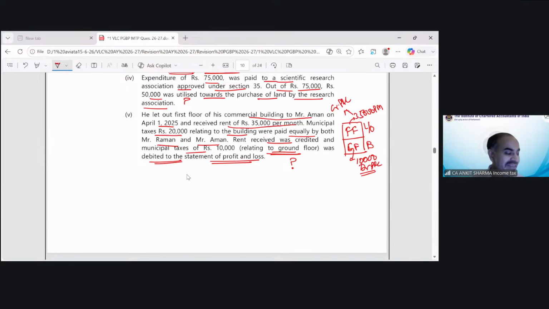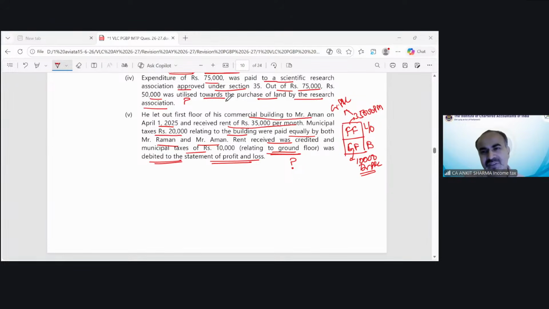Now you can easily find out what is going to be done with this information, what is allowed and what is disallowed. So what should be the treatment of this information in our PGBP? 35,000 is per month, okay? 5K goes to GAV and NAV reduced by 5K.